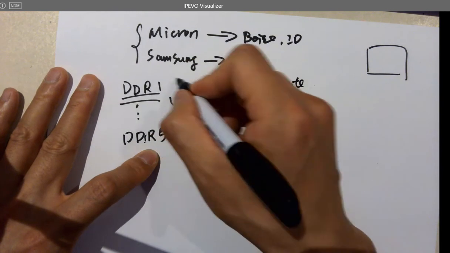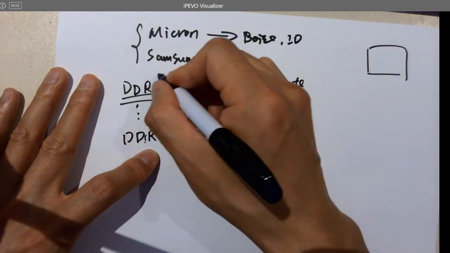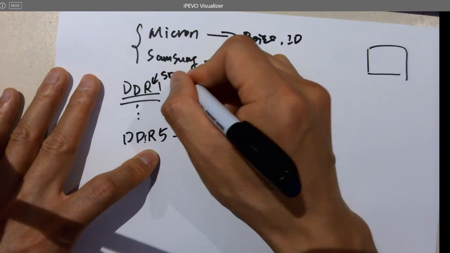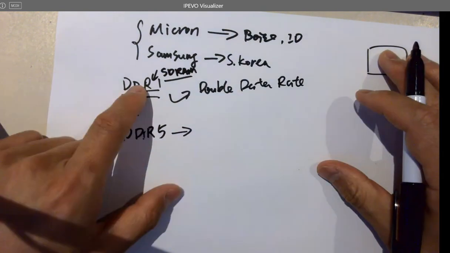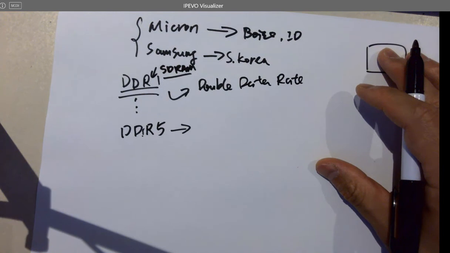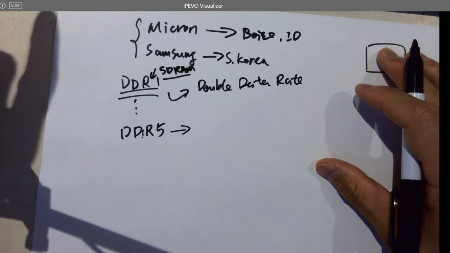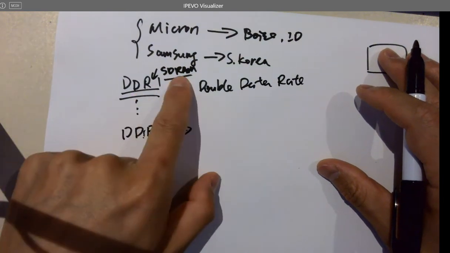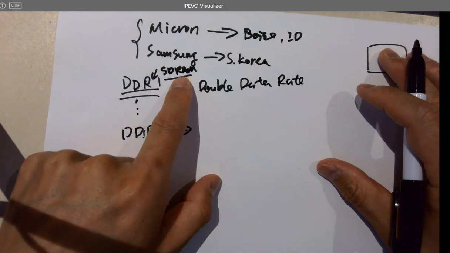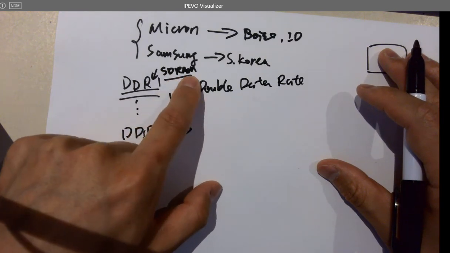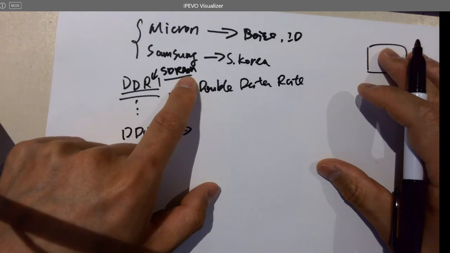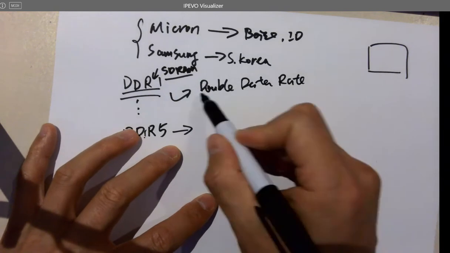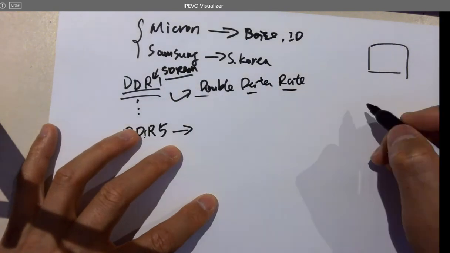They usually don't mention it, but it's DDR SDRAM. And you know what SDRAM is? The RAM cards used in laptops or desktops are DDR SDRAMs. So are SDRAMs dynamic RAM or static RAM? Dynamic RAM. Okay. Double data rate, which is DDR.